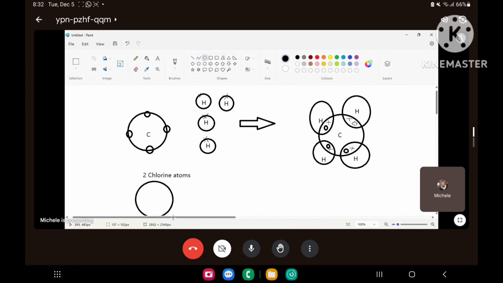And 2.27 divided by 2.27 is 1. So there are 2 carbon, 4 hydrogen, and 1 oxygen. This is our empirical formula. You understand, right?